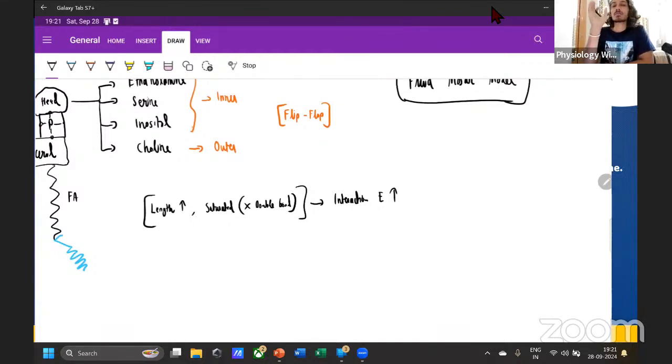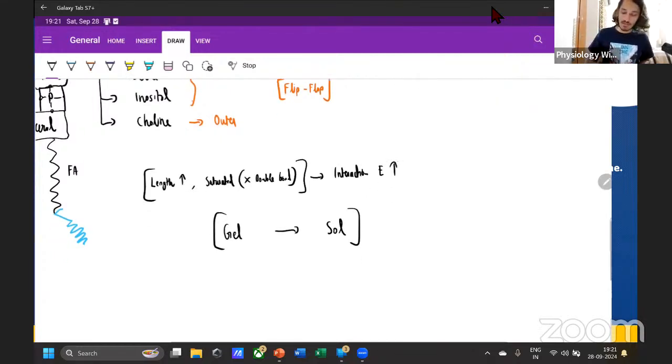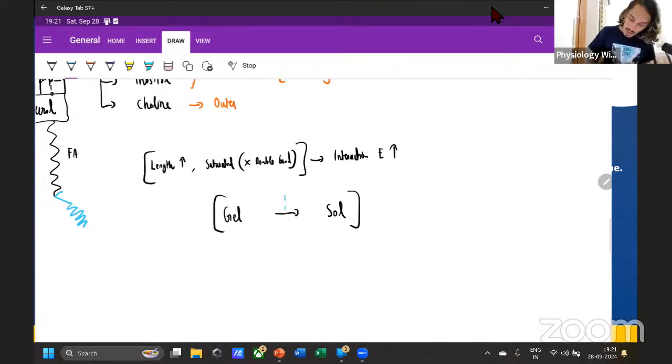Your membrane can either exist in a gel form or a sol form. When you increase the temperature to one particular temperature, called the transition temperature, this gel form gets converted to sol form.